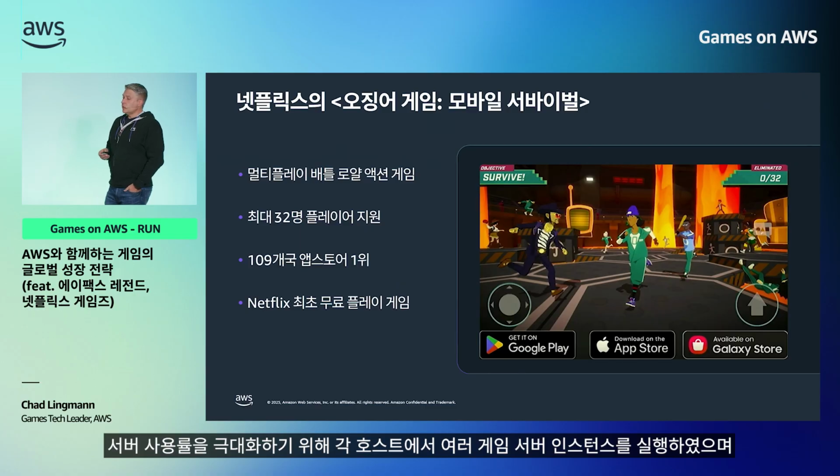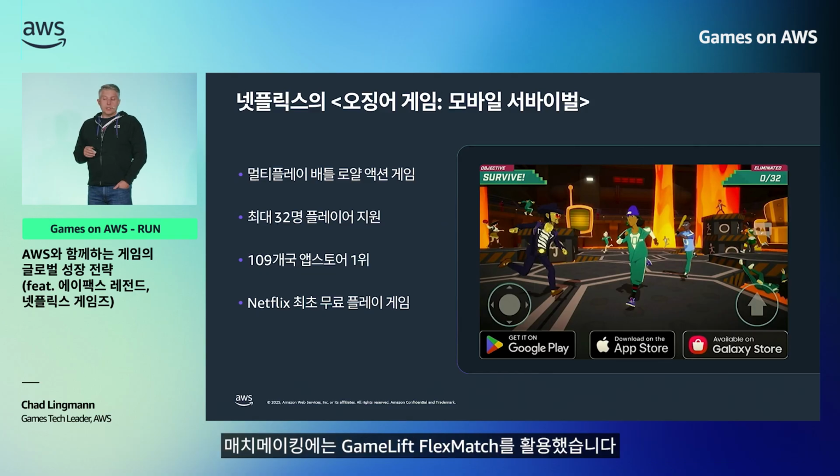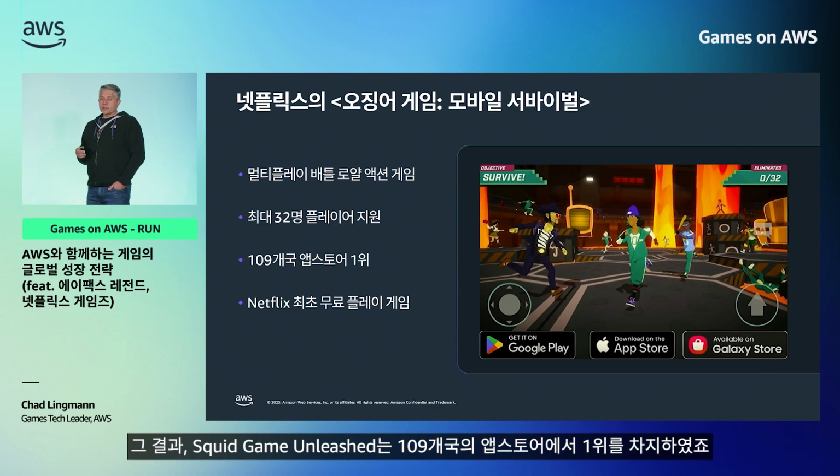They maximized the usage of their servers by running multiple game server instances on each host in their GameLift fleet, and utilized FlexMatch for making the matches. It was a #1 hit in the App Store in over 109 countries.